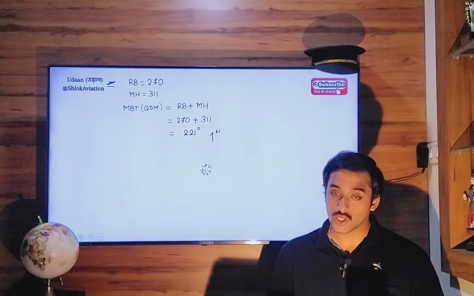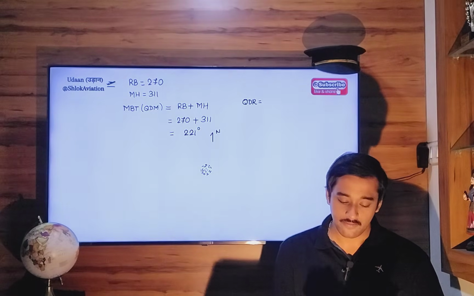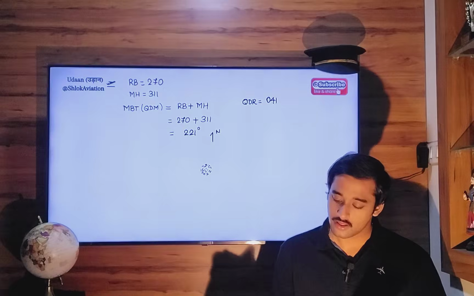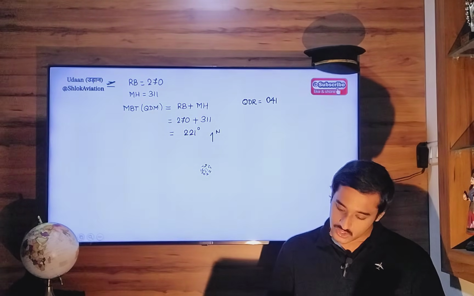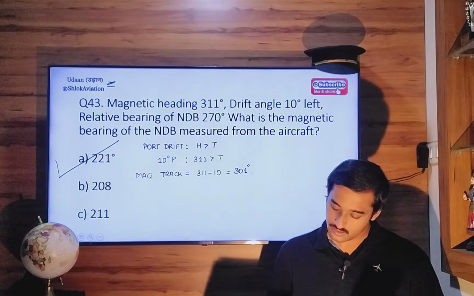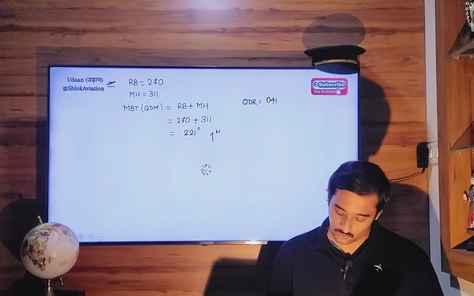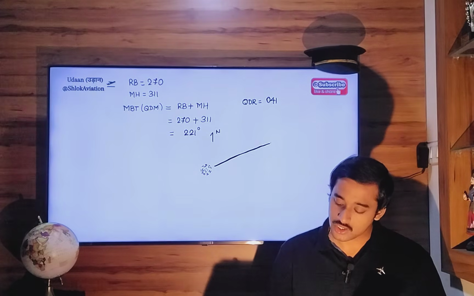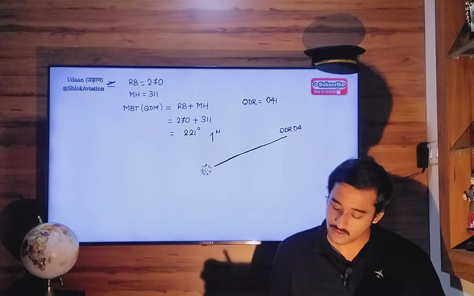QDM to the station is 221. QDR will be the reciprocal of QDM. So 221 minus 180 is 041. So you are on a track of 041. This is the track away from the NDB station, 041.